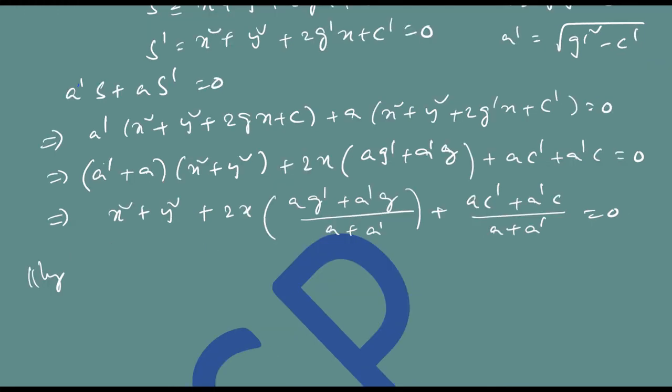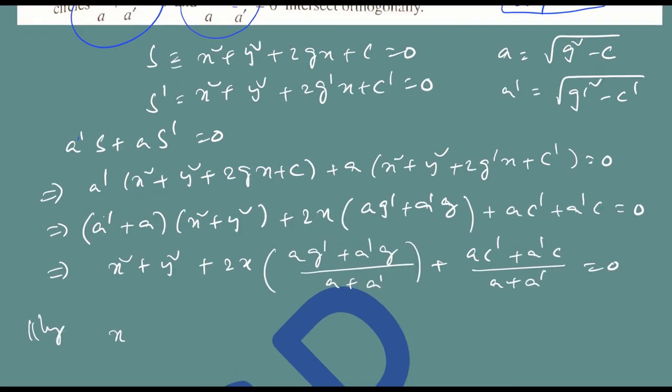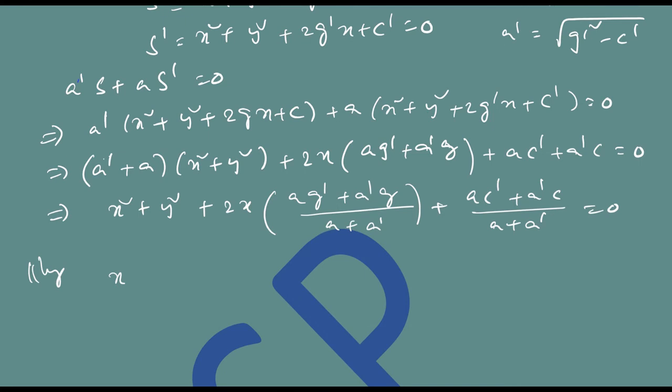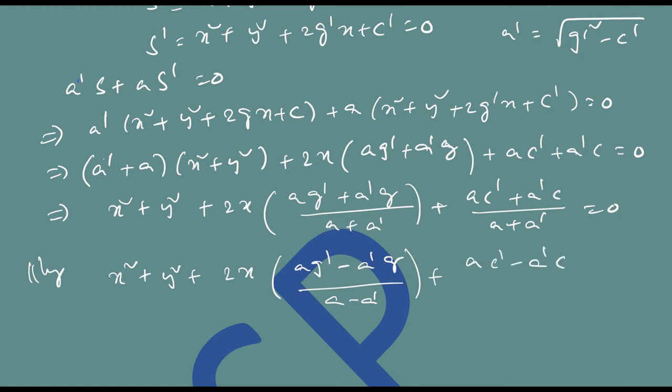We can get the second circle equation similarly, you just replace a dash by minus a dash. It will be x square plus y square plus 2x into (a g dash minus a dash g) by (a minus a dash), plus (a c dash minus a dash c) by (a minus a dash) equal to 0.